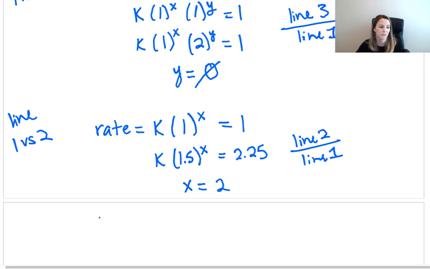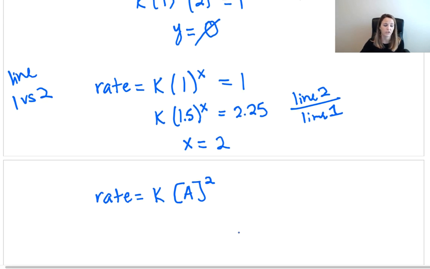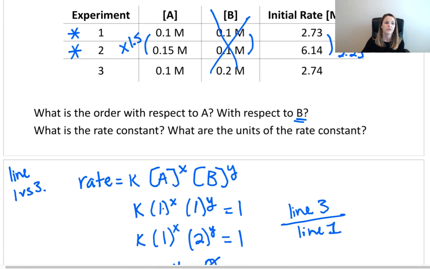All right, so next part is we have to figure out what our rate constant is. So we're going to write rate is equal to k times our concentration of A squared. We just learned that the order is 2. We're not even going to put B in there. B does not affect the rate. So now what we have to do is plug in our values so that we can solve for our rate constant, which is k. Let's come all the way up here.